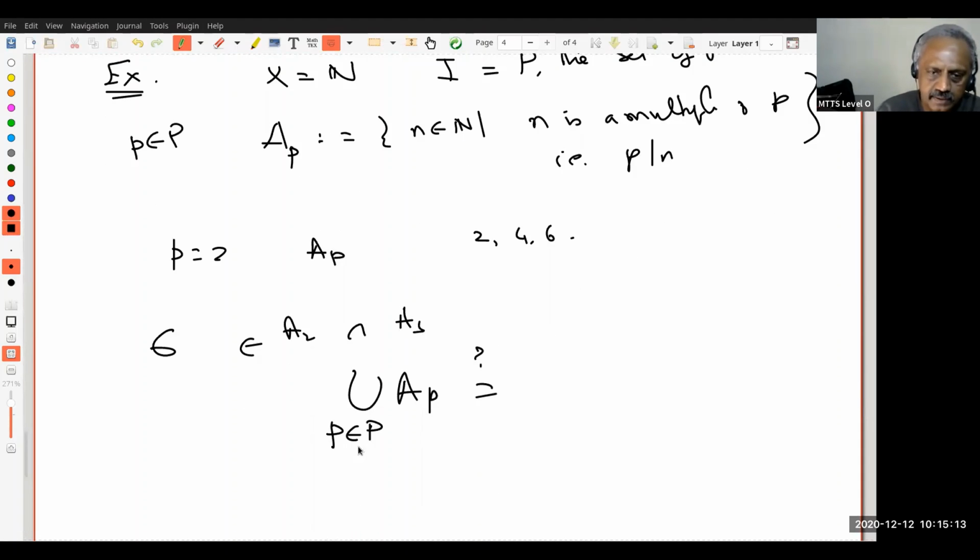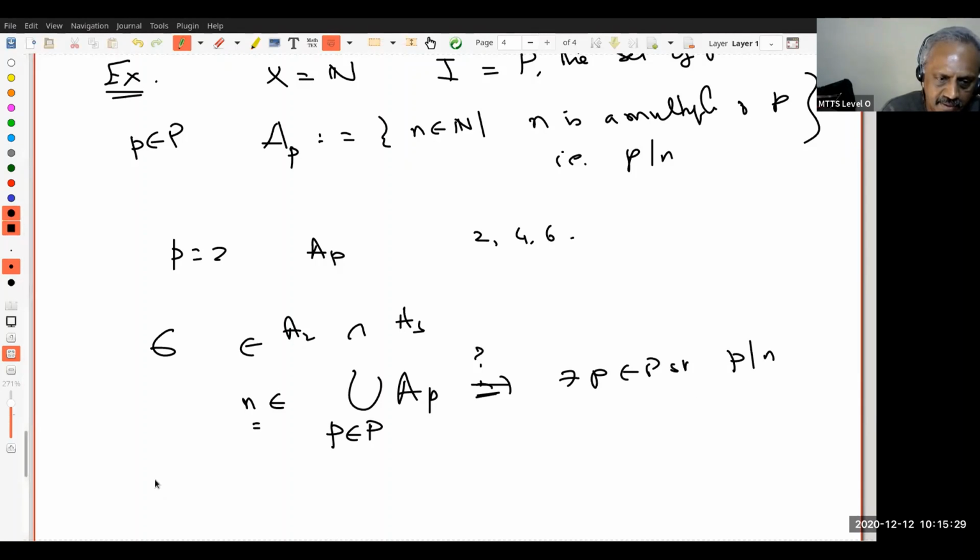Now my question is, what is the union of A_p? So what does it mean? When does a number n belong to this? It belongs to this means there is a prime p so that p divides n, or n is a multiple of p. But you know that given any natural number, if it is greater than 1, there always exists a prime so that p divides n.